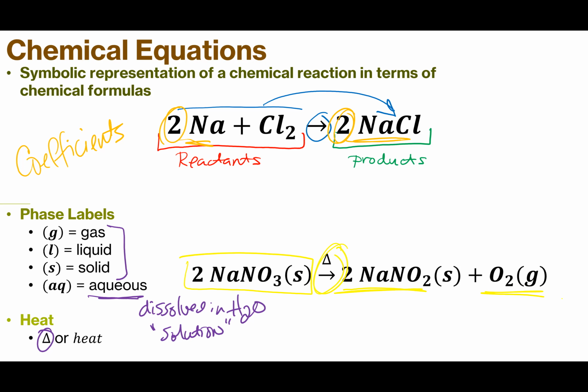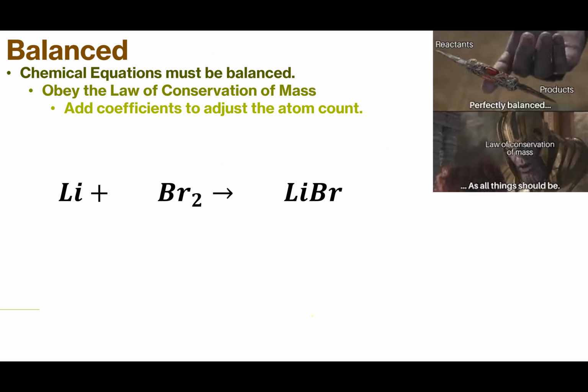The biggest thing we want to remember about chemical equations is that they represent real life. Since they represent real life, they have to be balanced, which means they have to obey the law of conservation of mass. Remember, matter can't be created or destroyed.